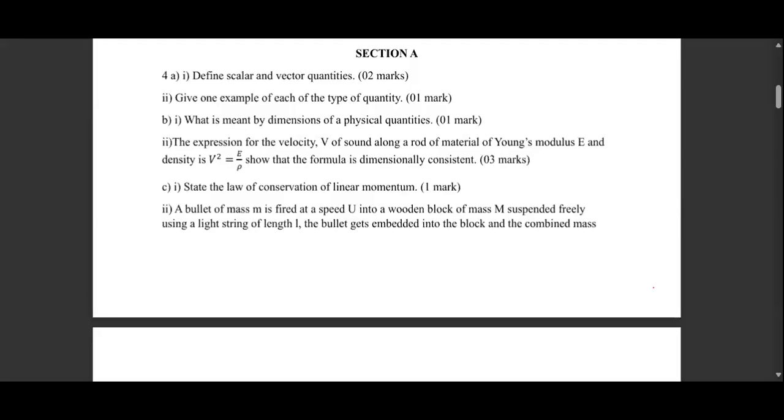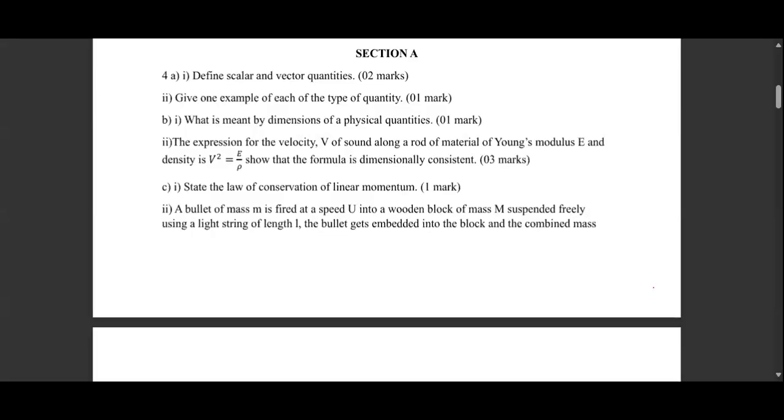Roman numeral 2 of part B, we have a question. The expression for the velocity v of sound along a rod of material of Young's modulus E and density rho is given by v squared is equal to E divided by rho, whereby E stands for Young's modulus and rho stands for density.